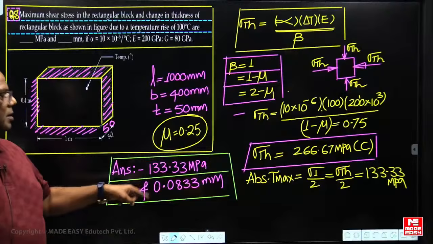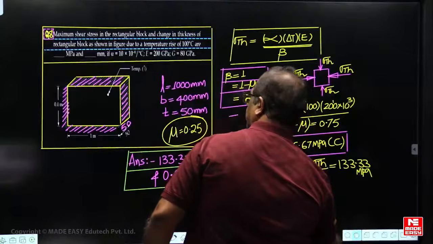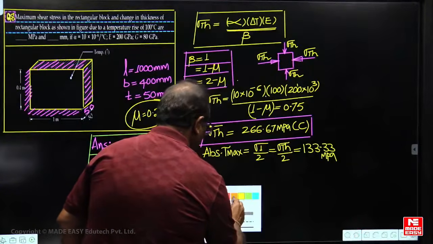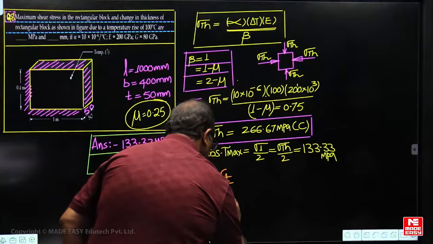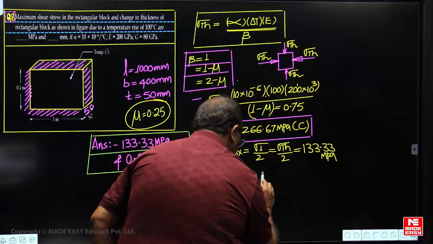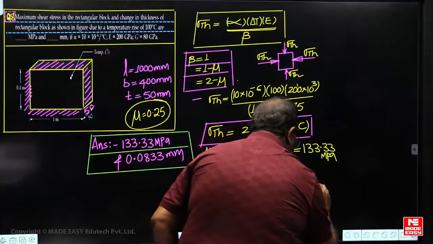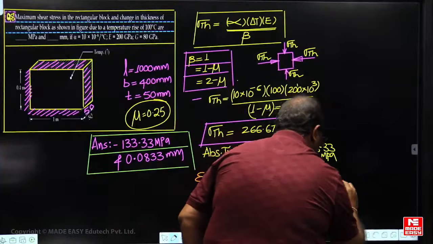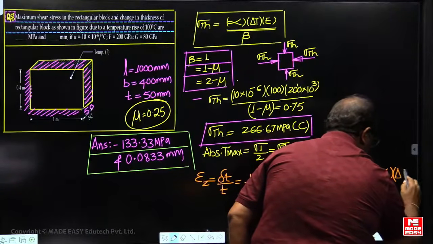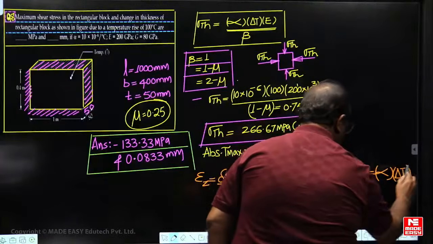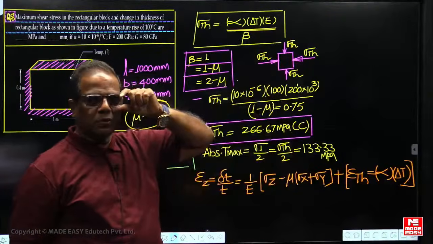Okay. Next is asking change in thickness. How to find out the change in thickness now? Epsilon z is equal to 1 by E, sigma z minus mu times (sigma x plus sigma y), plus thermal strain alpha delta T. So here sigma z is 0, but sigma x and sigma y are minus of the thermal stress.